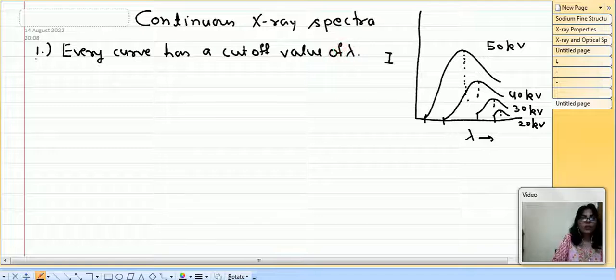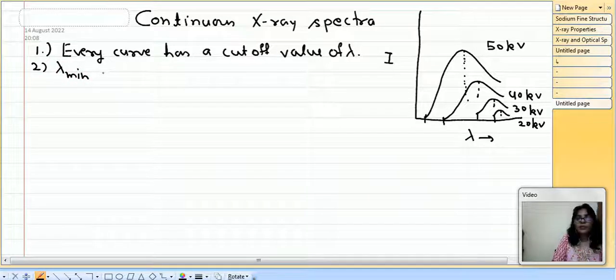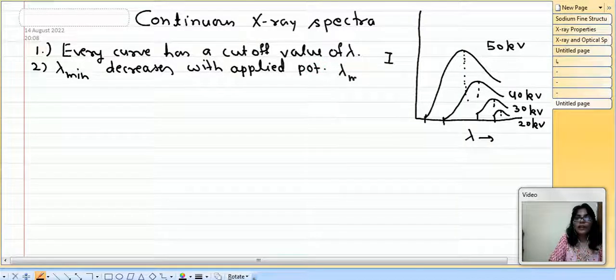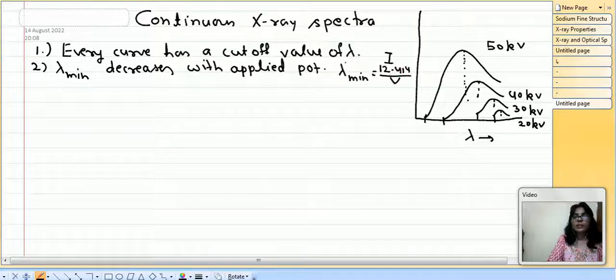Then this lambda minimum decreases with applied potential. This we have already seen because we had the formula that lambda minimum is equal to 12.414 divided by V. So using this formula one can see that lambda minimum is inversely proportional to potential difference. So if potential difference is increased, then the value of lambda minimum will decrease.